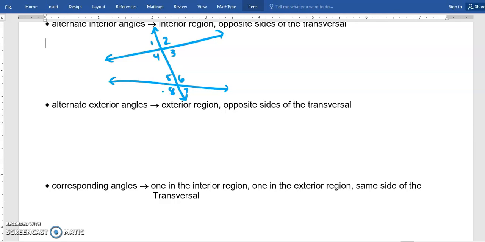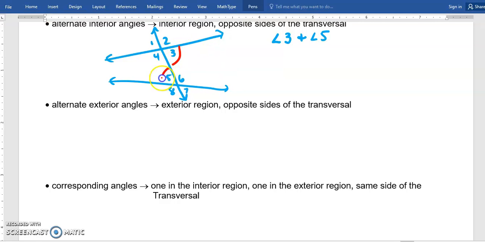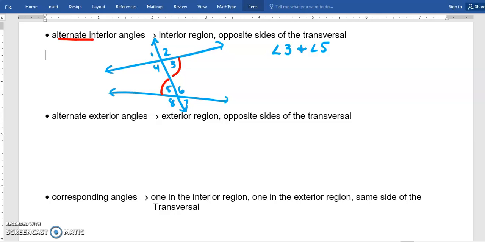Alternate interior. Angle 3 and angle 5 would be alternate interior because they are on alternate or opposite sides of the transversal. So opposite sides of the transversal and between the two lines. Okay, so they're the interior of the two lines, opposite sides of the transversal.